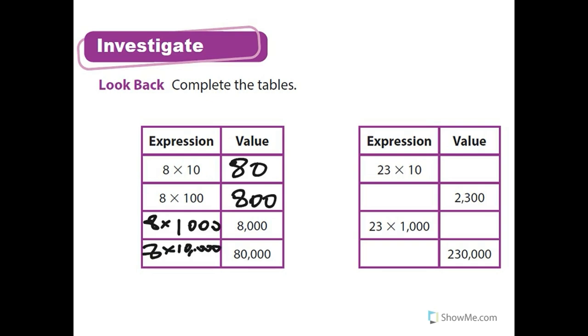And then we can do 23 times 10, which would be 230. And then 23 times 100. And then 23 times 1,000 would be 23,000. And then 230,000 would be 23 times 10,000.